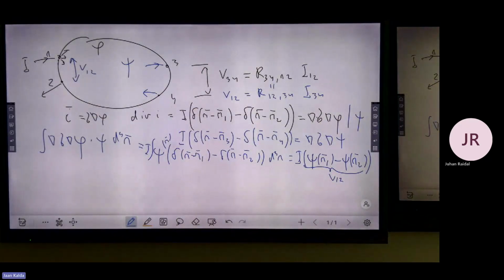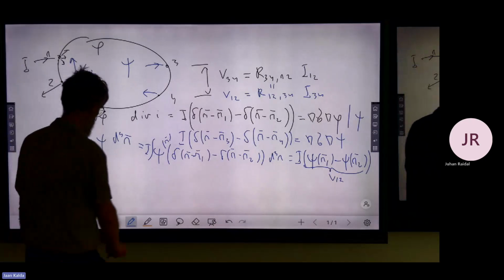And now we integrate the left-hand side by parts.